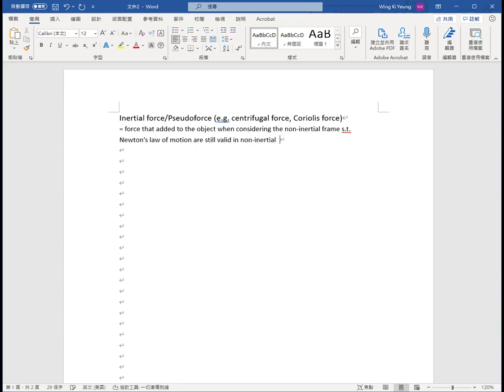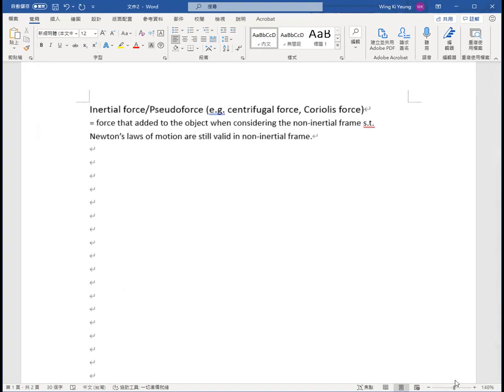I think I gave you some examples before. Newton's laws of motion are not valid in a non-inertial frame unless we add this force we call the inertial force.